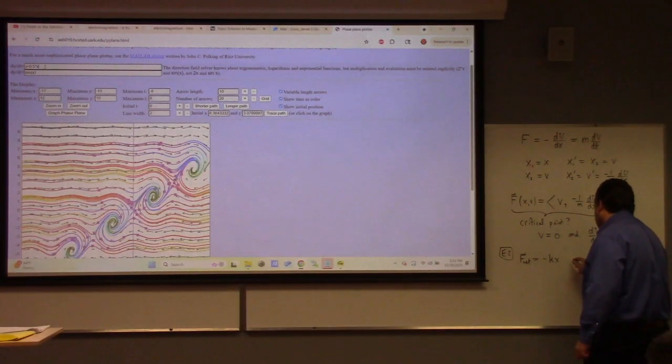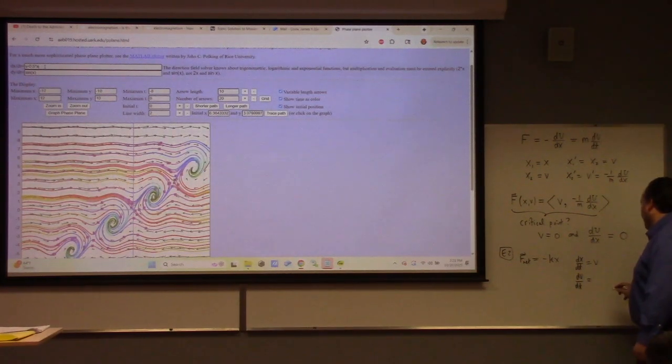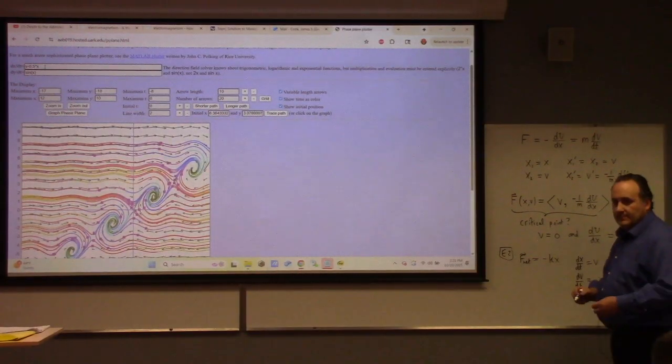If I want integral curves to this in the xv plane, I want dx/dt equals v, and I want dv/dt equal to what? I think minus kx, right? Minus x? Or is it just x?